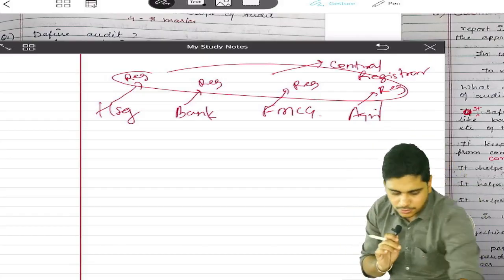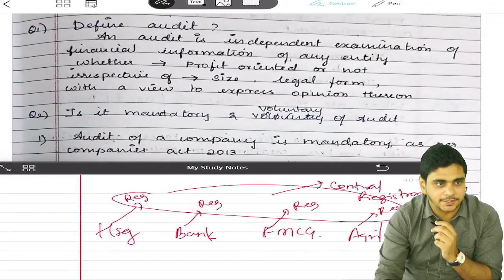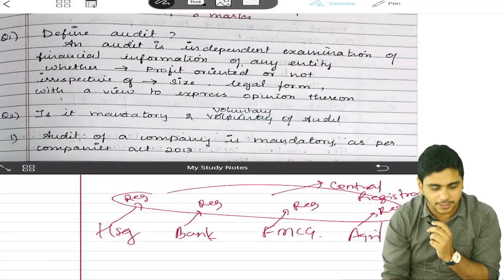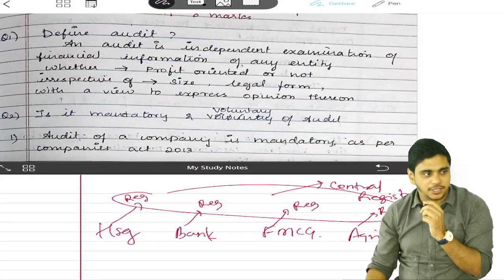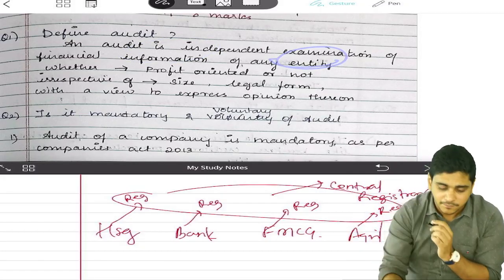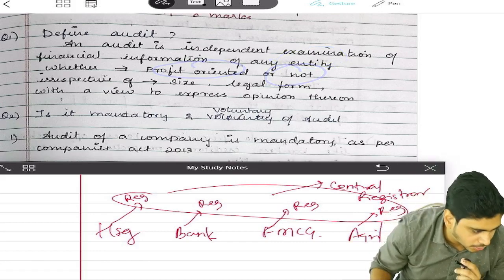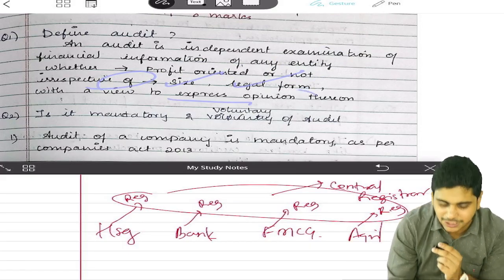Now see, what is the definition? An audit is an independent examination of the financial information of any entity, whether profit oriented or not, irrespective of size or legal form, with a view to express an opinion.